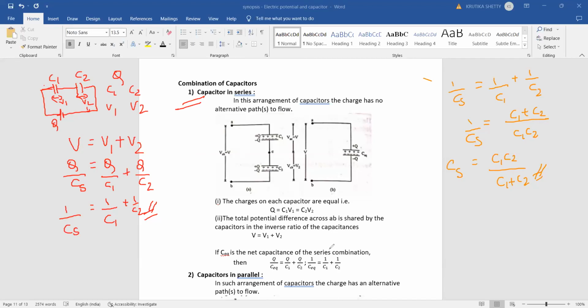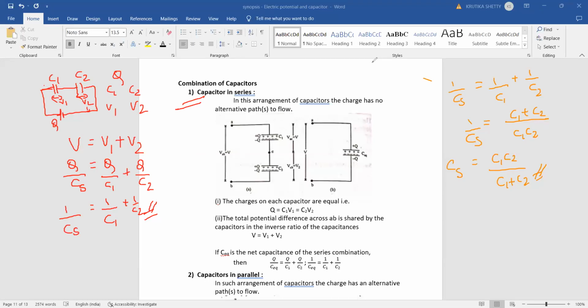Okay, shall I go for the next derivation, that is capacitors in the parallel? Yes. I hope everyone understood the capacitors in series.